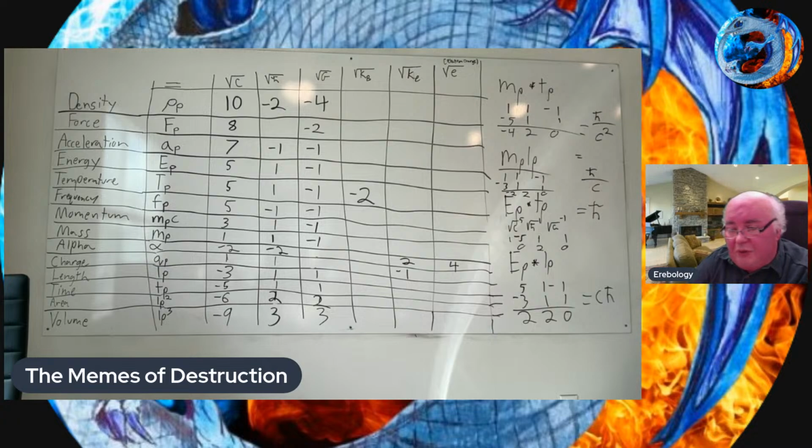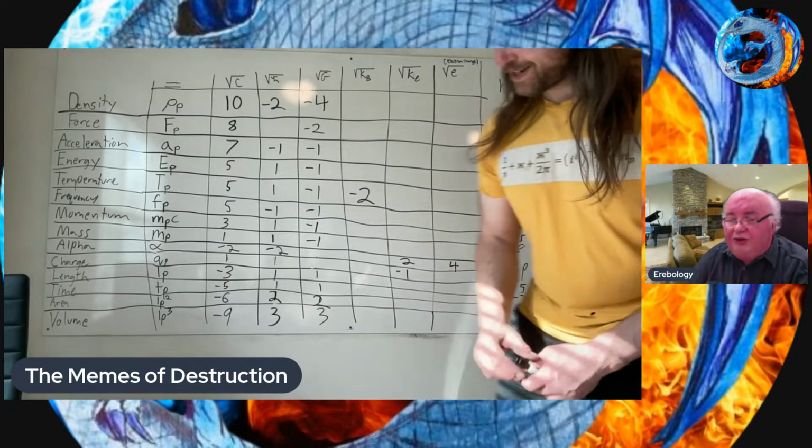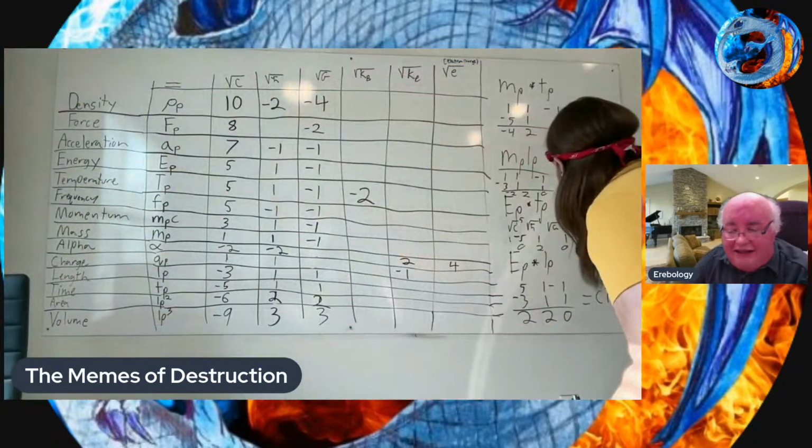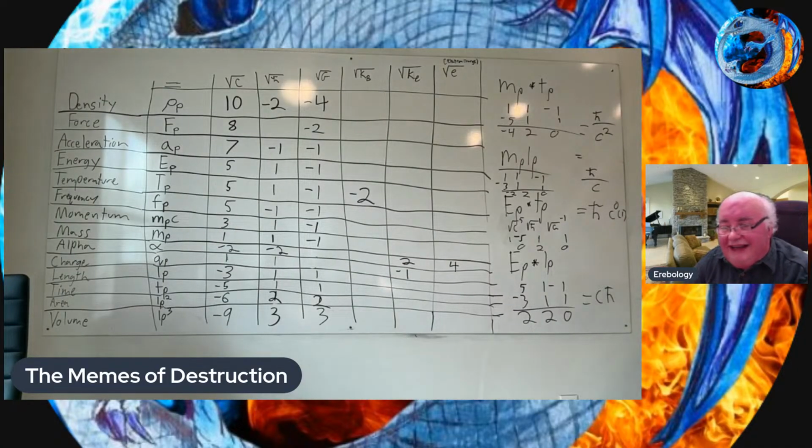C to the 0 is 1. So you have energy and mass and time and length all pretty much put together right here, because mass is energy and length is time. They're all the same thing. This is highly suggestive.